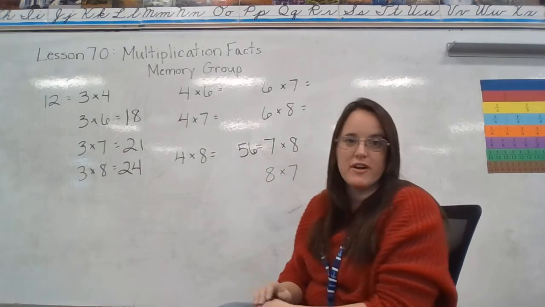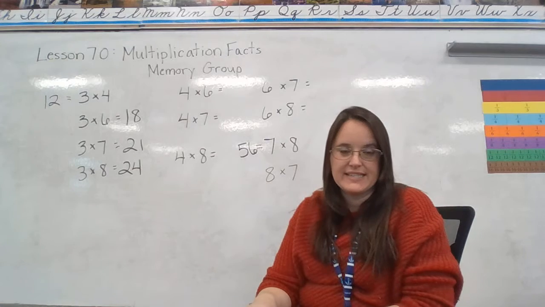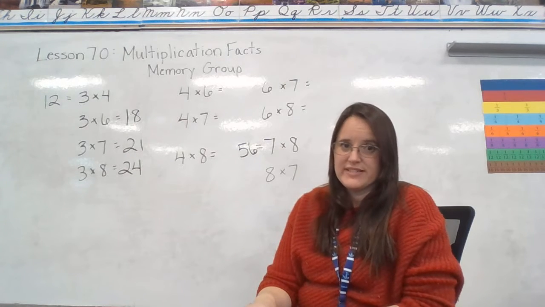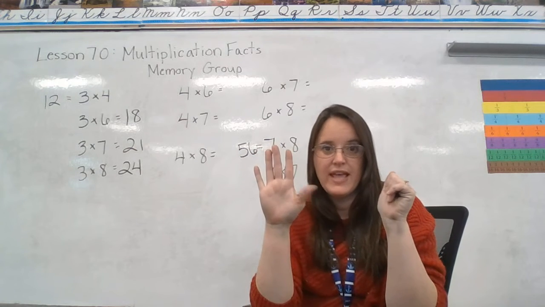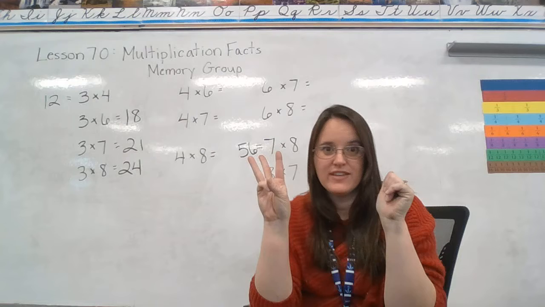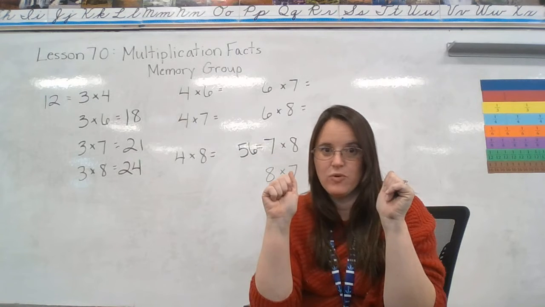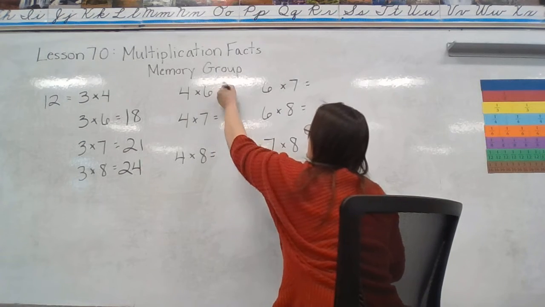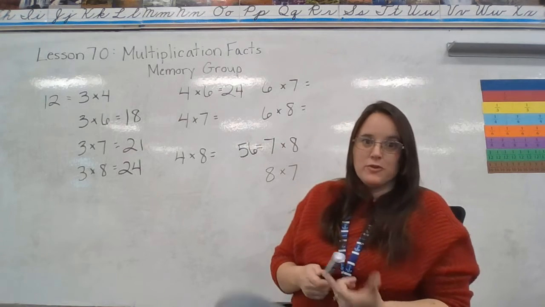Now we're going to move on to our 4 facts. So we have 4 times 6. I think I'd rather count by 4s than 6. So we're going to count 6 times, 4, 8, 12, 16, 20, 24. 4 times 6 is 24. And then we move on to 4 times 7.